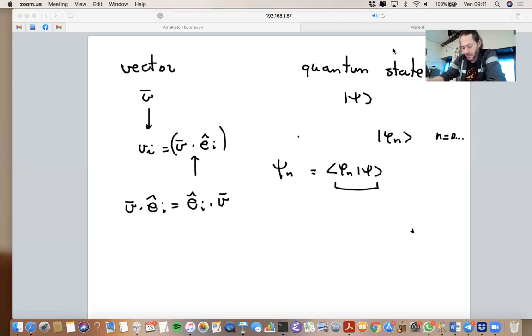But in the quantum state space, or better called the Hilbert space, we do not have an exact commutativity. It's something that resembles commutativity.